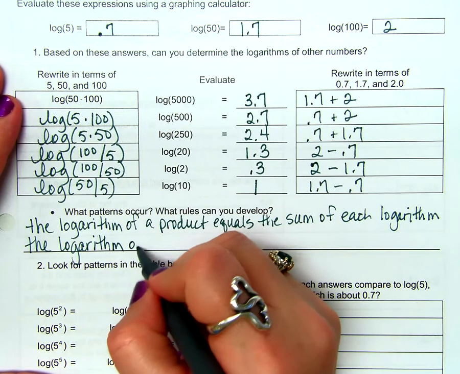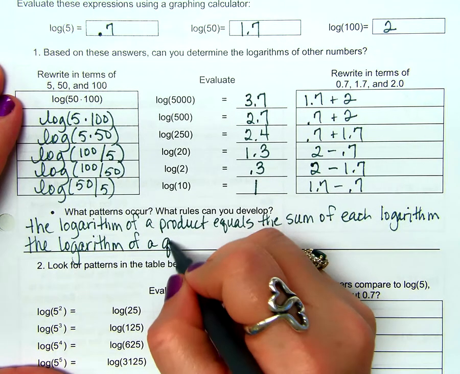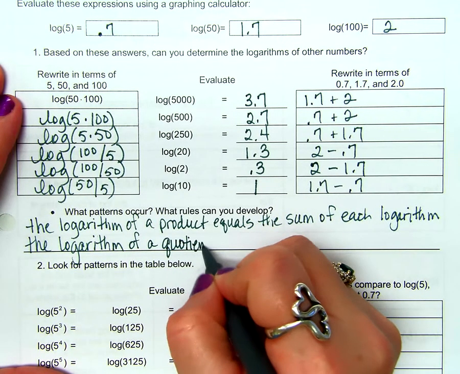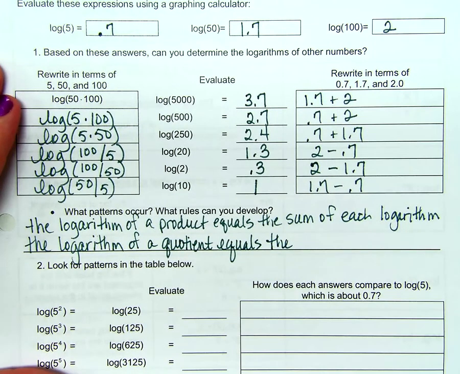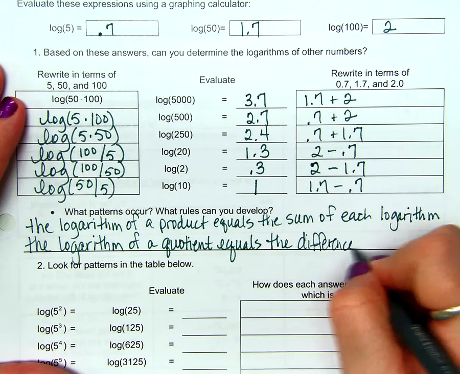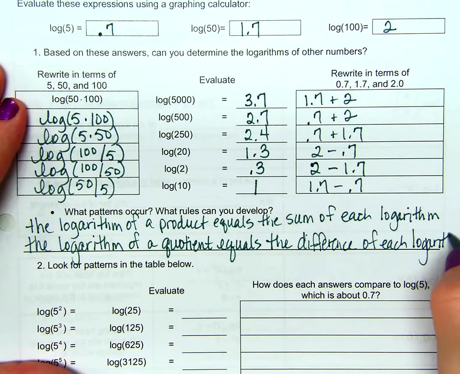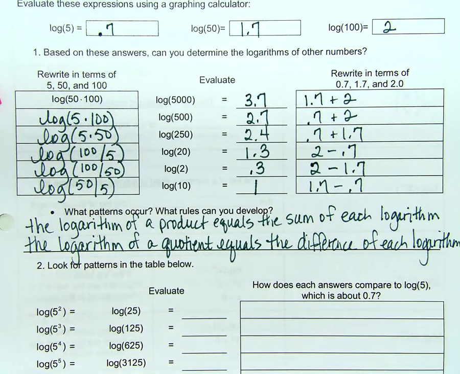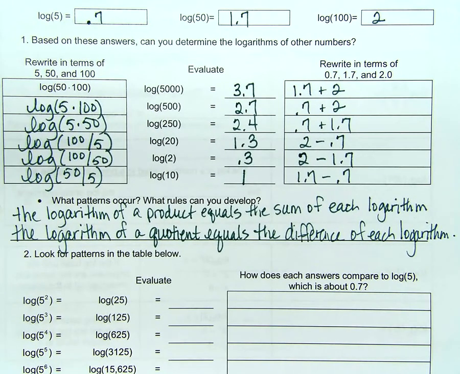So the logarithm of a quotient equals the difference of each logarithm. Good. Questions?